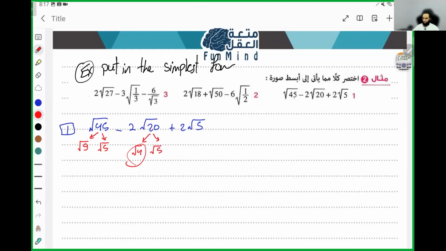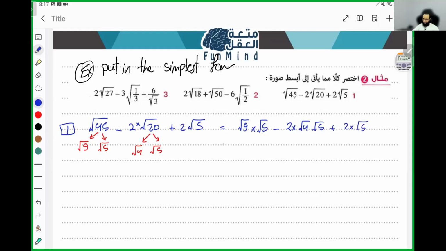Okay? So Moataz, I write the same question, and instead of root 45, I write root 9 times root 5, minus 2 times root 4 times root 5, plus 2 times root 5.